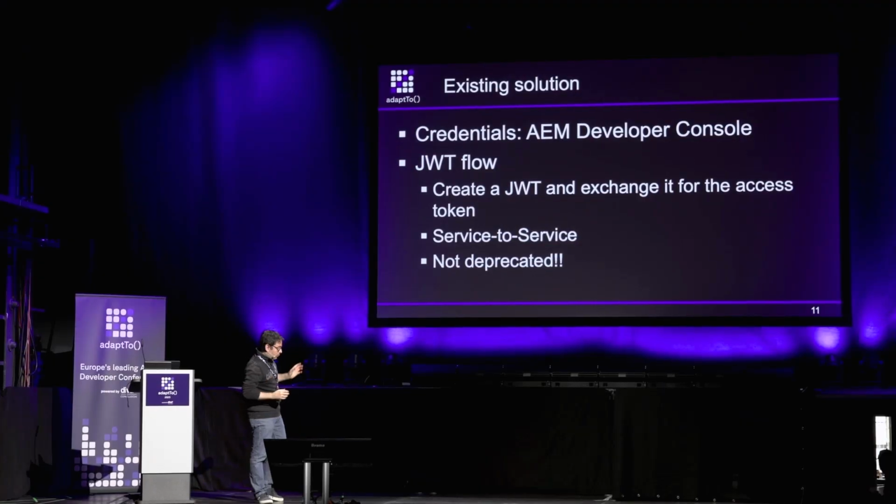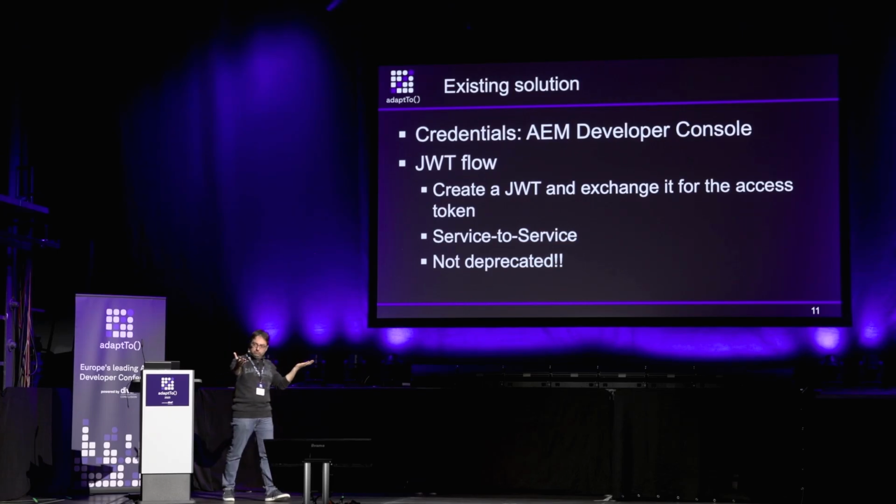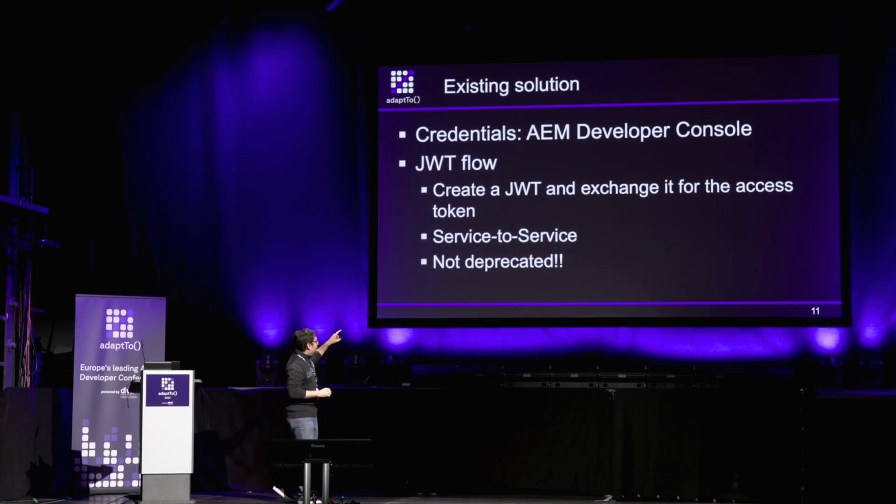This flow only covers one use case, which is the service-to-service use case. So you have a backend that's trusted, that's protected, and this backend needs to access AEM. So in this communication, for this case, this flow works, but it doesn't work for anything else. I want to mention very clearly, the JWT flow is not deprecated in the AEM Developer Console.